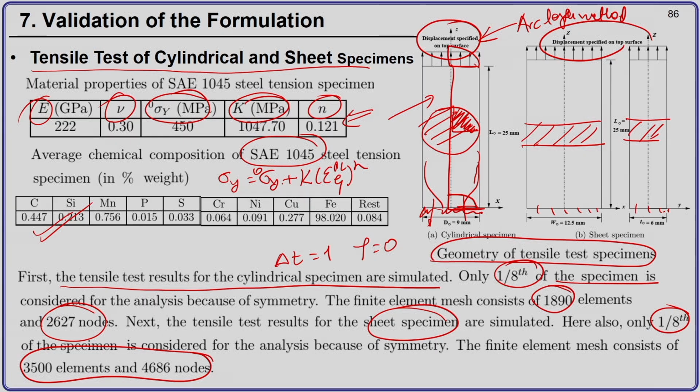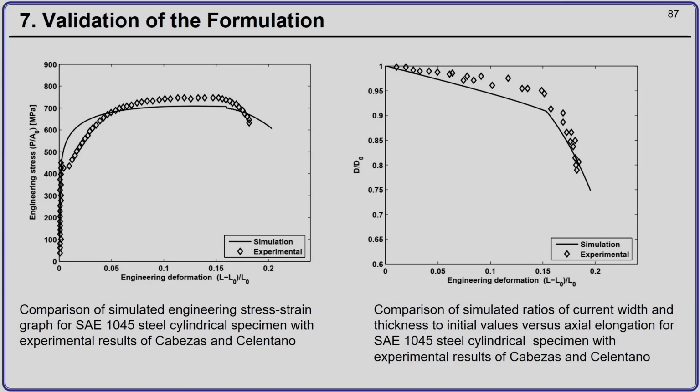Now, with the static problem, the first thing we do is compare the engineering stress strain curve and the ratio of the current diameter of the cylindrical specimen divided by the initial diameter, and we compare our simulation result with the experimental results of Cabegaz and Celentano.